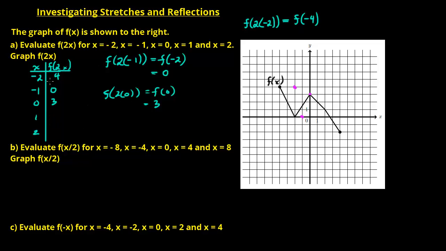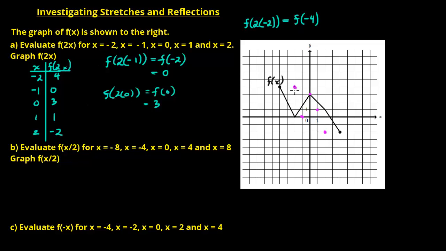If I evaluate f of 2 times 1, that's the same thing as f of 2. F of 2 is just 1. If I evaluate f of 2 times 2, that's the same thing as evaluating f of 4. F of 4 is negative 2. So I get 2 more points on the graph of f of 2x, 1 comma 1 and 2 comma negative 2, which is right here.